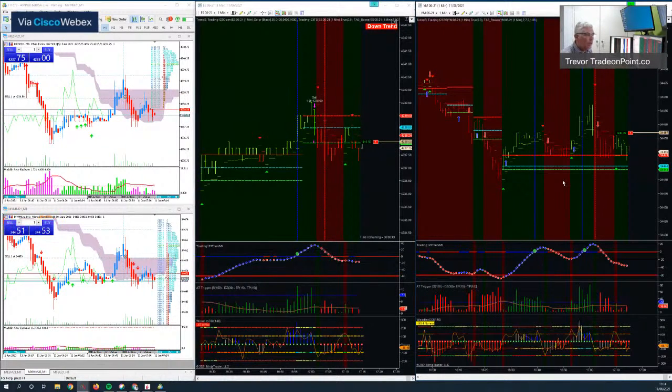Now, the other one in the middle is the ES futures or the SP 500. On CFDs, it'll be US 500. And on the left-hand side, we pretty much have the same 2 charts, but we are using MetaTrader 5.